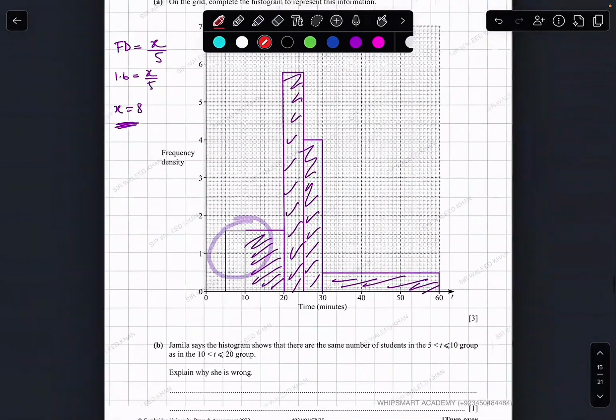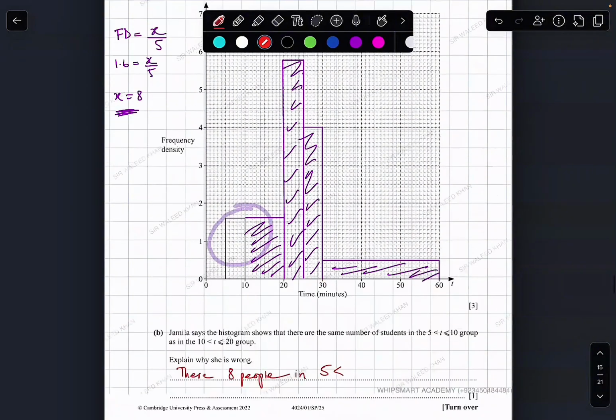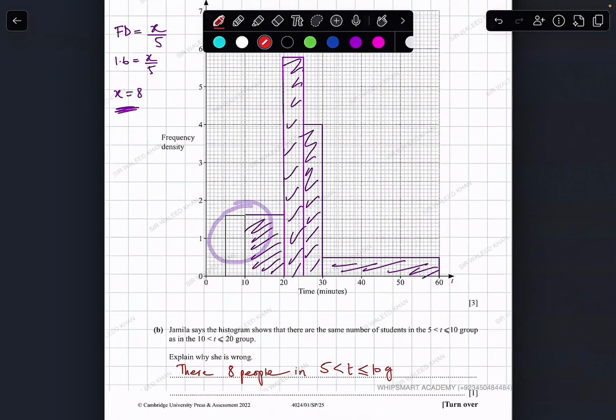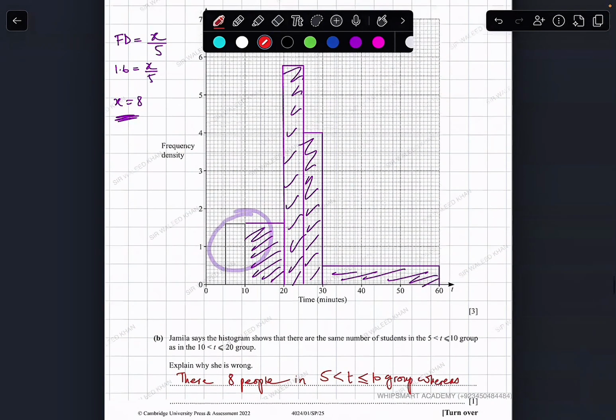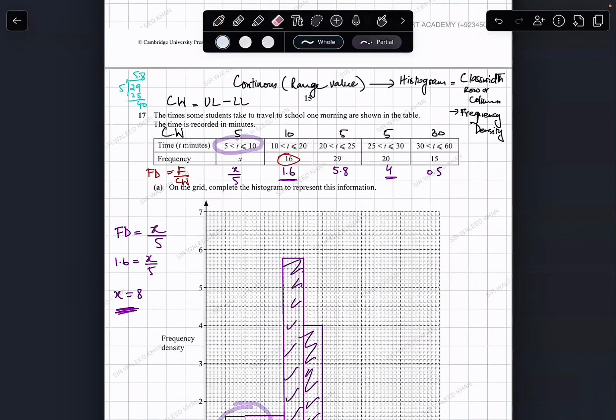So there are 8 people in the 5 to 10 group, whereas for the next one, it is frequency that determines the number of students.